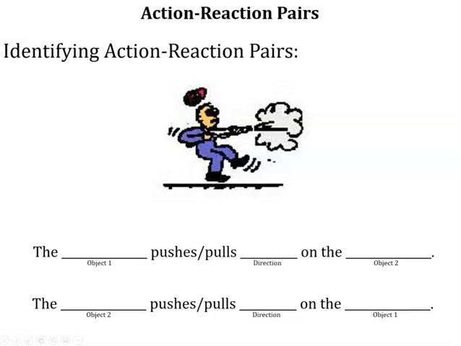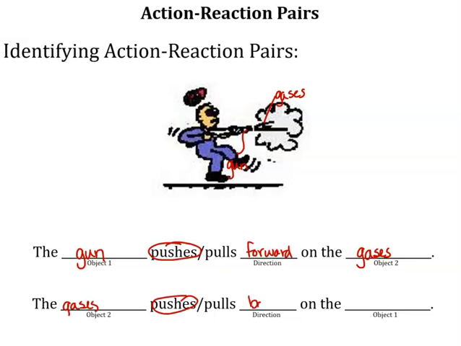This next one's a little bit complicated if you think about what's actually happening. We have the gun, and what is the gun pushing out? It's pushing these gases. So the gun pushes forward on the gases. The gases push back on the gun.